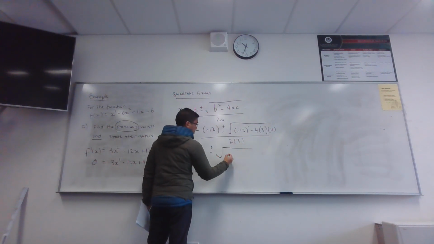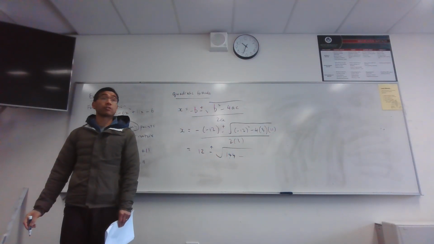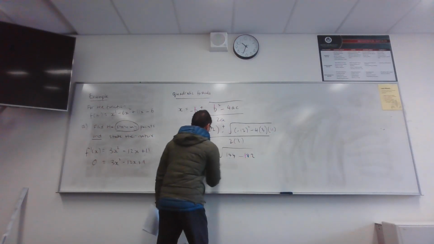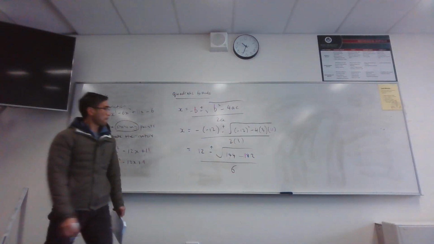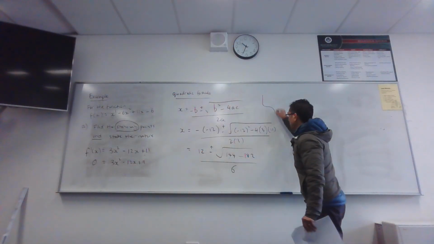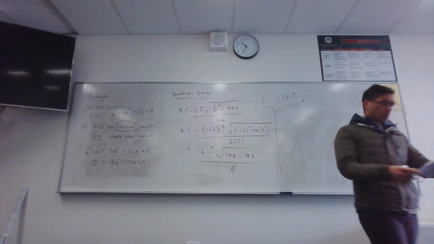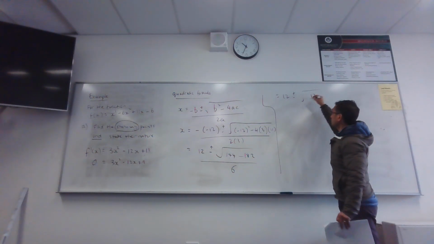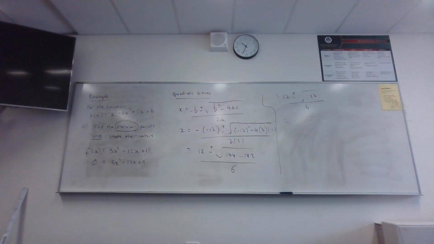Okay, 12 squared, 144, minus 4 times 3 times 11, 132. 144 take away 132, so 12. Where do I go from here? What do we do?